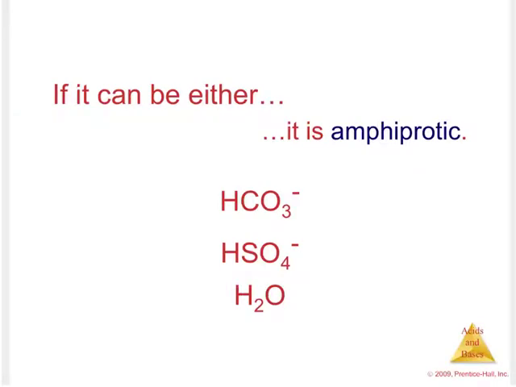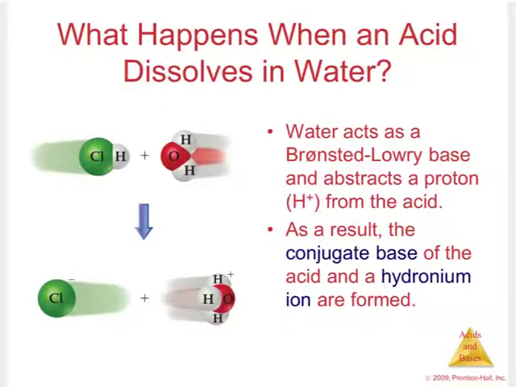Some species have unshared pairs of electrons and ionizable hydrogens, which makes them able to behave as an acid or a base. The term we use for species that can behave as an acid or a base is amphiprotic or amphoteric. Hydrogen chloride is a Bronsted-Lowry acid because it has an ionizable hydrogen. Water is amphoteric or amphiprotic and can be an acid or a base.